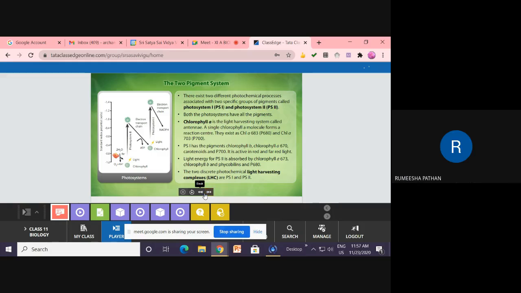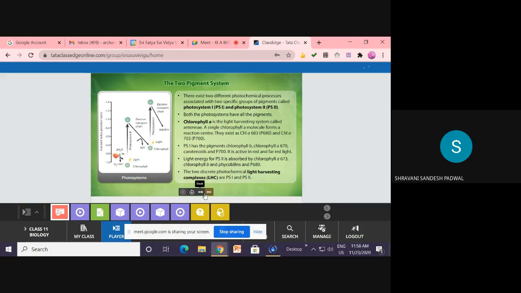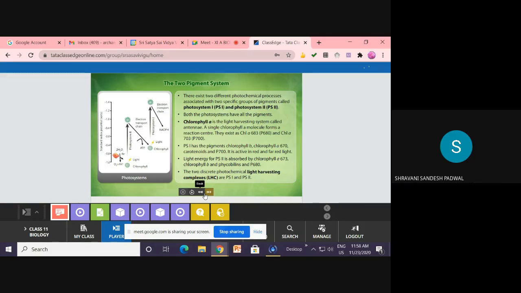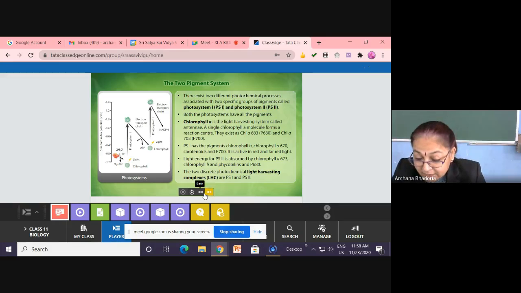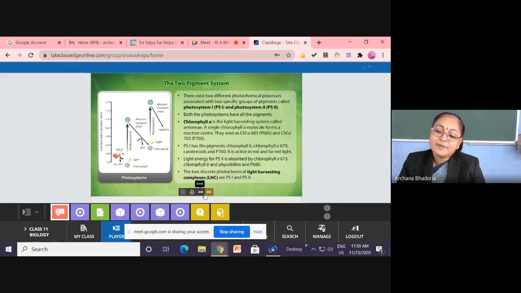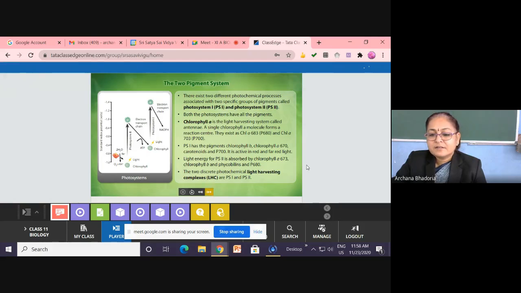Carotenoids, and the essential ones, chlorophyll A and chlorophyll B. And in PS2: chlorophyll A, chlorophyll B, and phycobilins. Look, you are not seeing the screen. What is it? Phycobilin. Phycobilins.